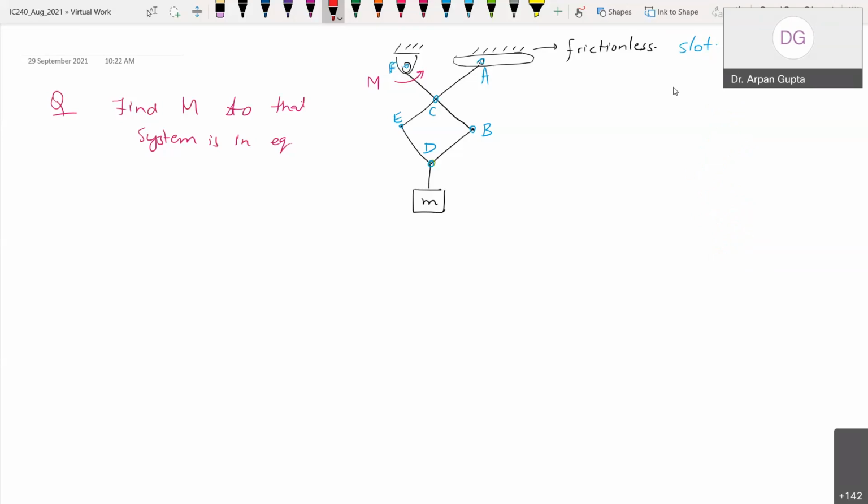So that's part of the answer to one of the questions in the last class, why we are using the virtual work method. Now in the system, let us say we give a virtual displacement to this theta. So our input is moment m, and if I give a virtual displacement here, it goes to a configuration something like this.